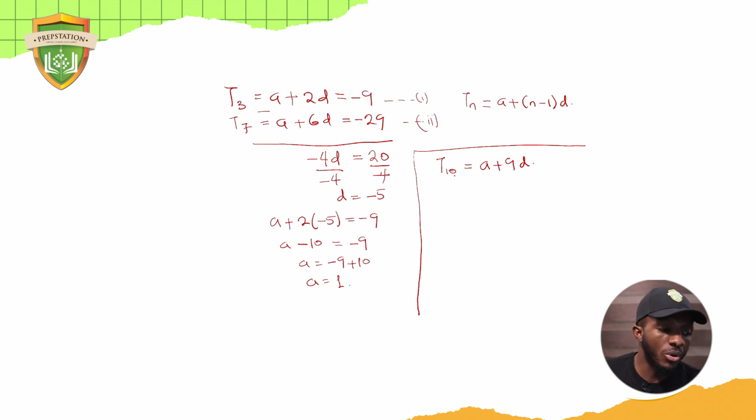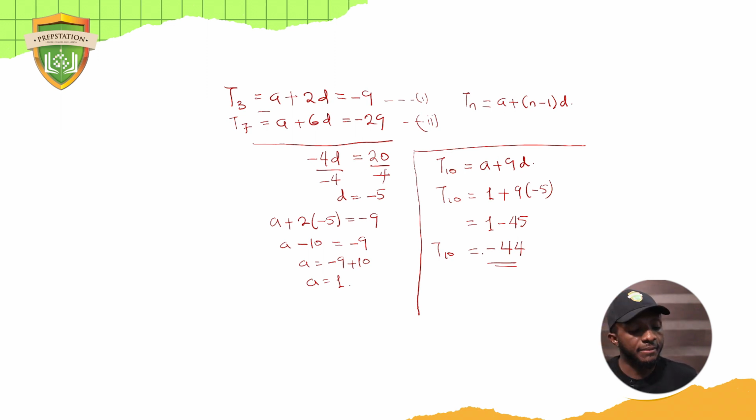We already have A, so T10 would be 1 plus 9 times D. Remember that D is -5. So that's 1 minus 45, and 1 minus 45 is minus 44.